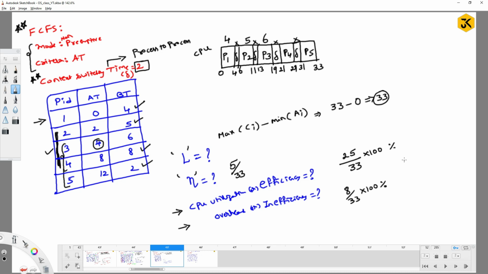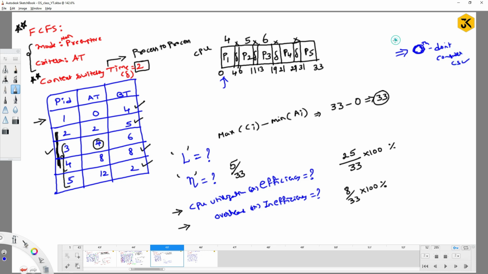Guys, you might get a doubt: while taking process P1 into consideration, can we take the context switching or not? Yes, that will depend on the given question, right? They will say clearly at the 0th time, don't consider context switch.